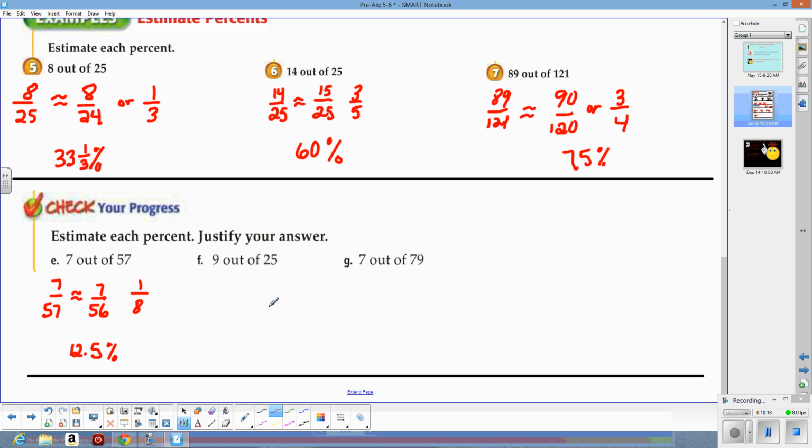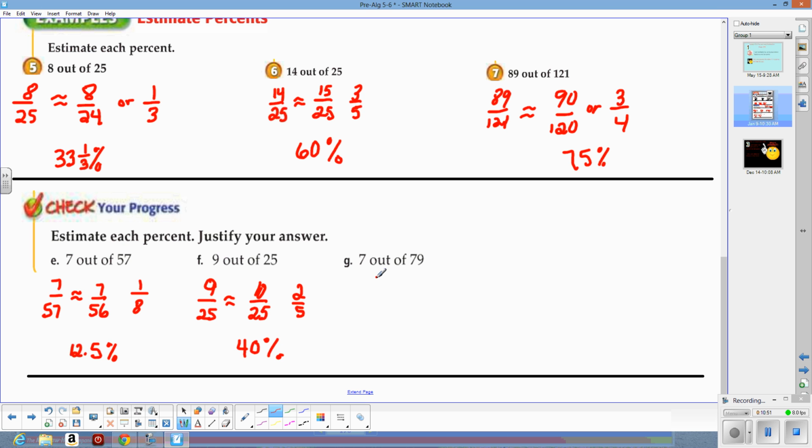Next up, 9 out of 25. 9 out of 25, I would probably change that to 10 out of 25 and see what we can do with that. 10/25, if you simplify 10/25, you would divide the numerator and denominator by 5 and you would get 2/5. Well, 2/5 is the same thing as 20/50 or 40/100, which is 40%.